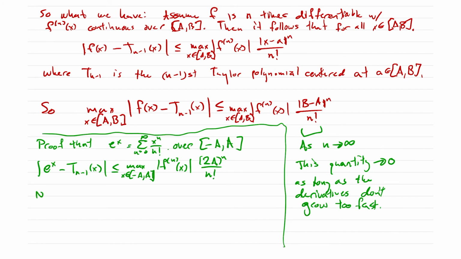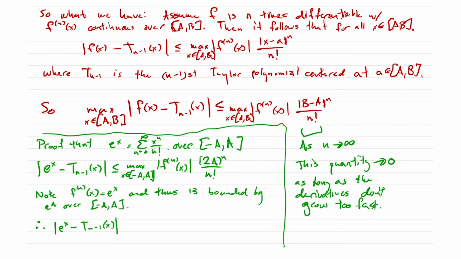We'll also note that f_n of x is equal to e to the x, and thus is bounded by e to the a, a fixed constant. So therefore, we have |e to the x minus T_{n-1}(x)| is less than or equal to e to the a times (2a)^n over n factorial, and this goes to 0.